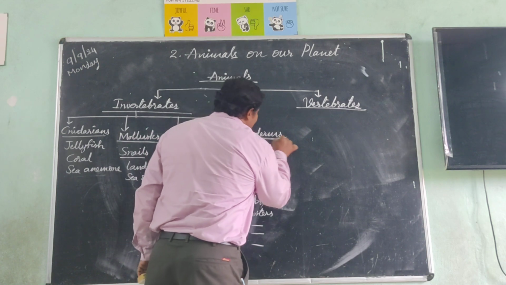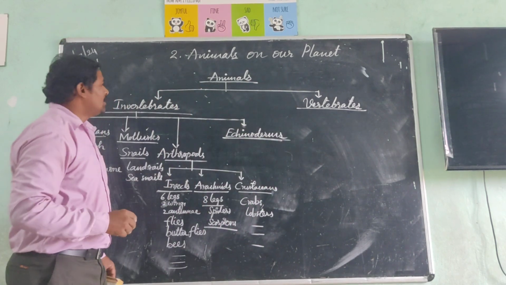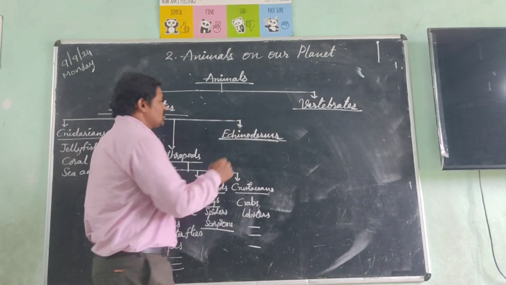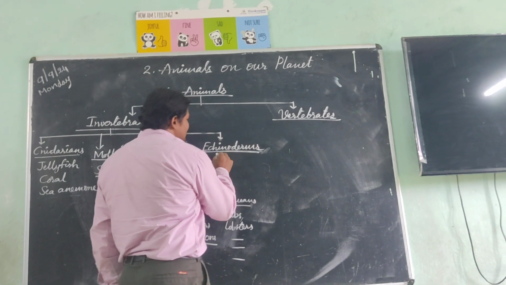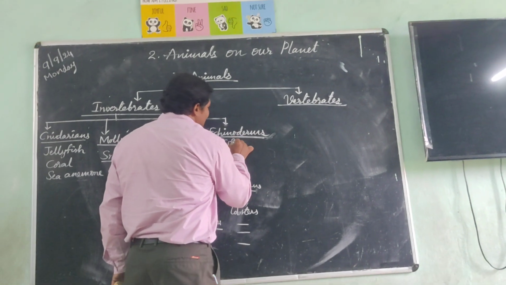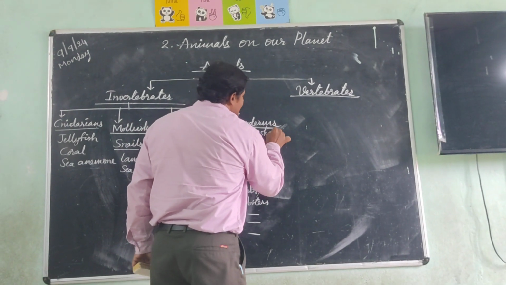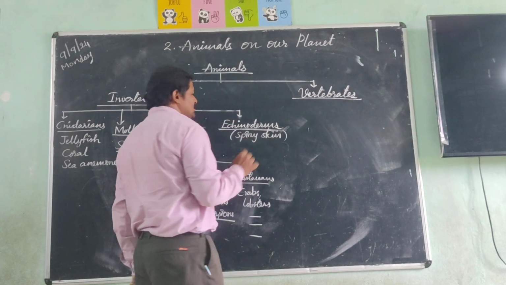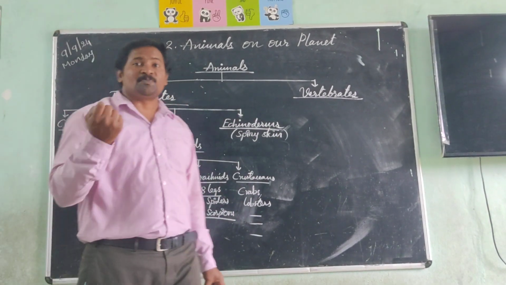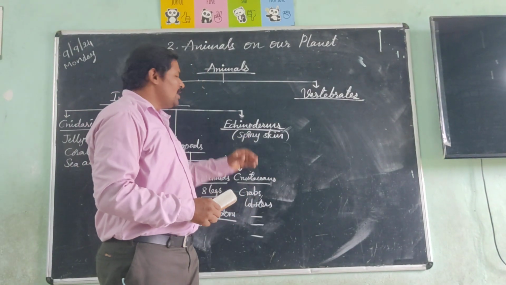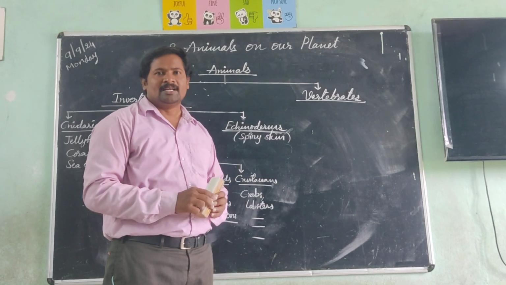So the next class of invertebrate animals are echinoderms. Echinoderm means spiny skin. They have spines. They are most related to humans.